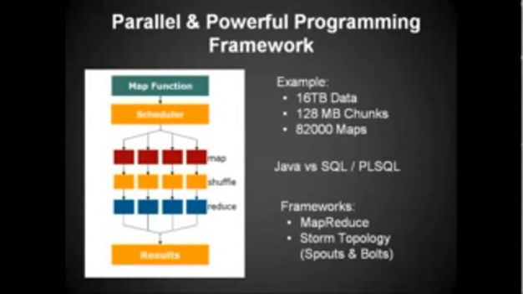So that's called massively parallel computation. Second, the programming framework is powerful, which means that you can develop programs say in Java rather than SQL and PL/SQL in traditional databases.